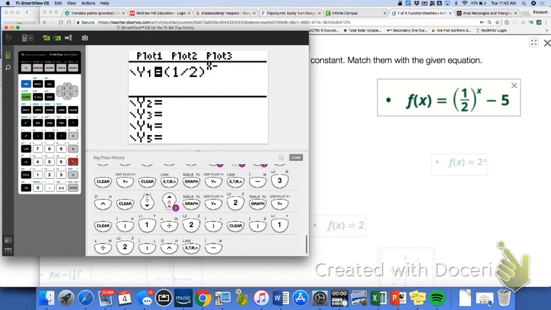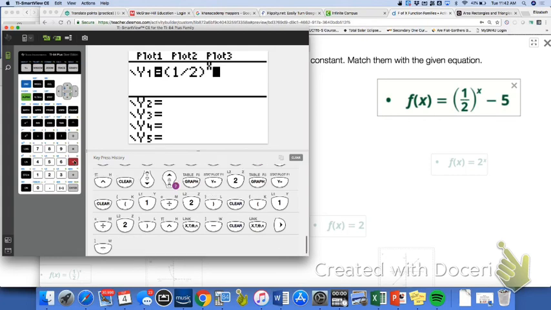So I have to hit clear to go back. Hit x again. And then I need to hit the little arrow to the right to get it out of the exponent, because I want the minus to be big out to the side, not little up with the exponent. Does that make sense? So then just do the rest of it, minus 5.